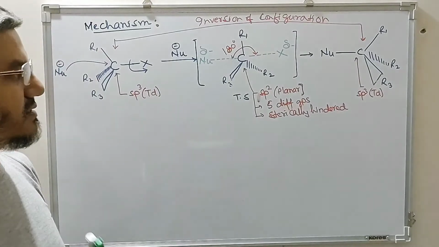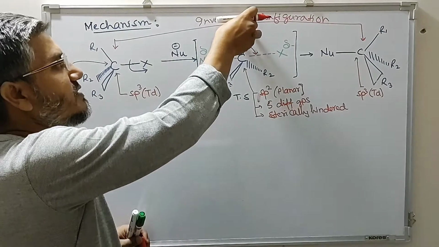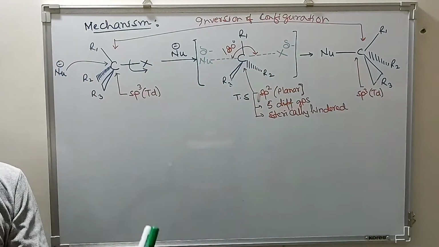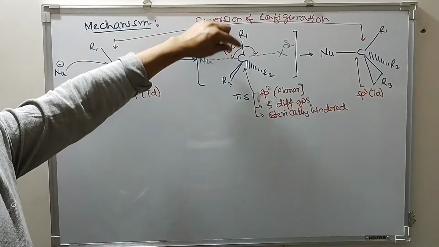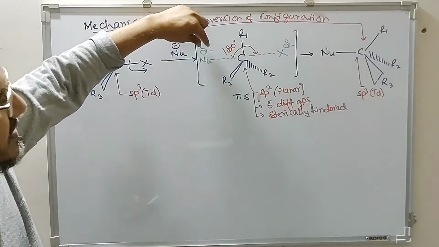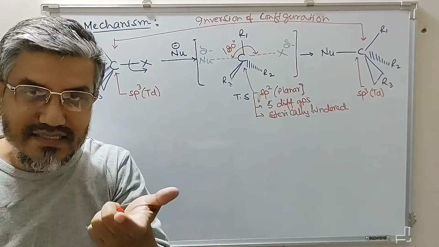Sterically hindered means if the size of R1, R2, R3 is bulky, if you have 3 bulky groups, that means this carbon is surrounded by 3 bulky groups, then the space for the nucleophile to approach the carbon will be less.